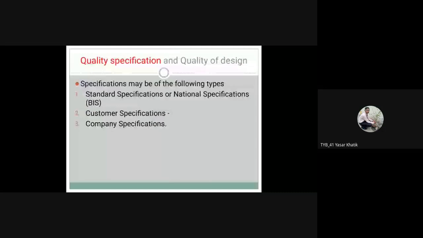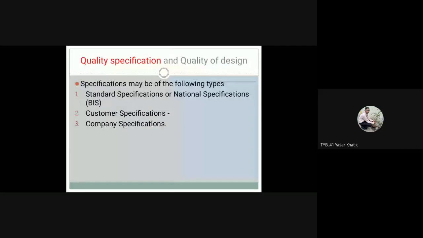Suppose I want a 120-liter sand filter. So I will give some requirement to the manufacturer. I will say I want two inlets and two outlets on that filter. According to my requirement, they will manufacture that type of filter.